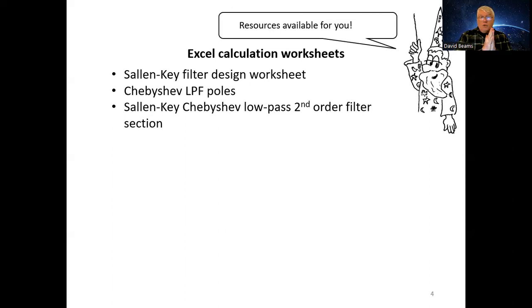So you can use the first worksheet by itself to design Butterworth filters. The second and third worksheets taken together are design aids for designing Chebyshev filters. Then you have LTSpice simulations that you can download and run.